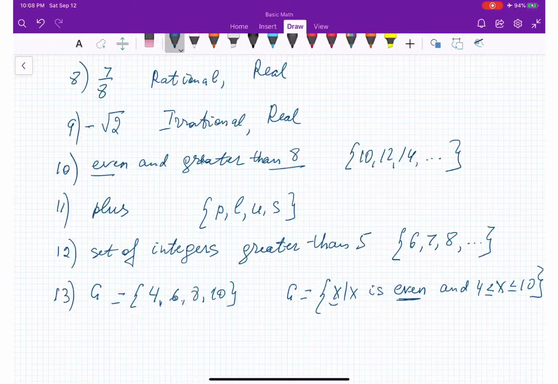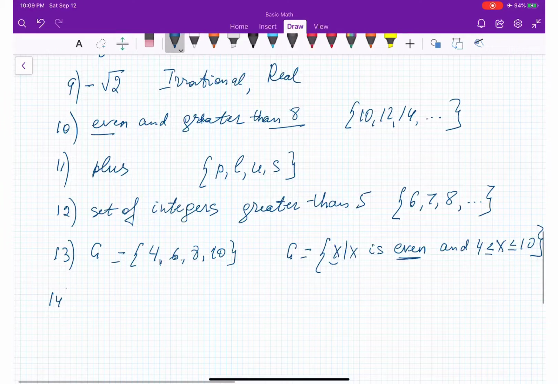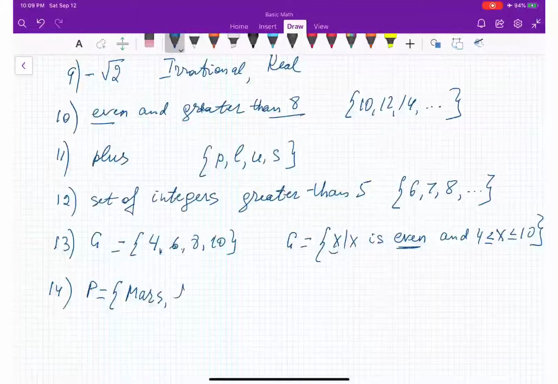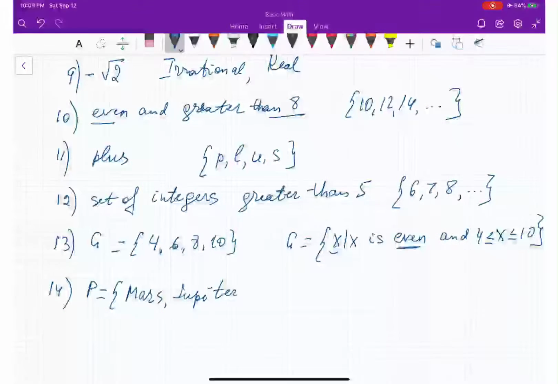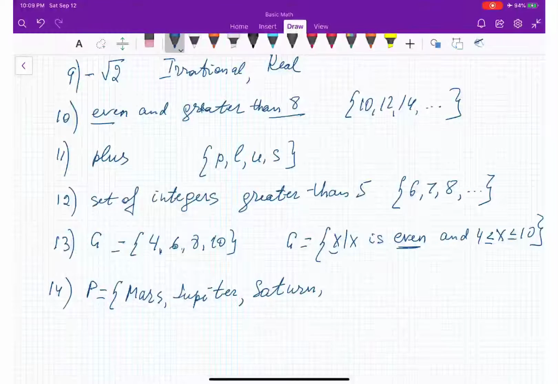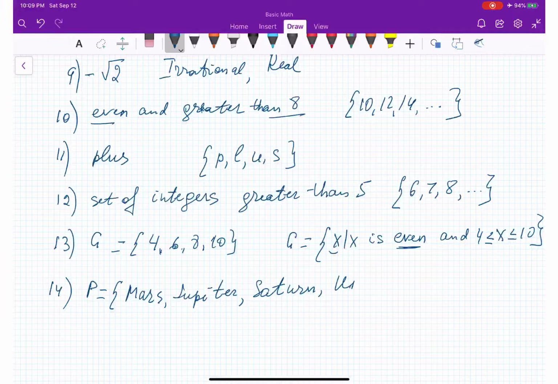And I'll solve one more. Write the set in set builder notation. So in this set, we have names of, let's say, planets: Mars, Jupiter, Saturn, Uranus, and Neptune.